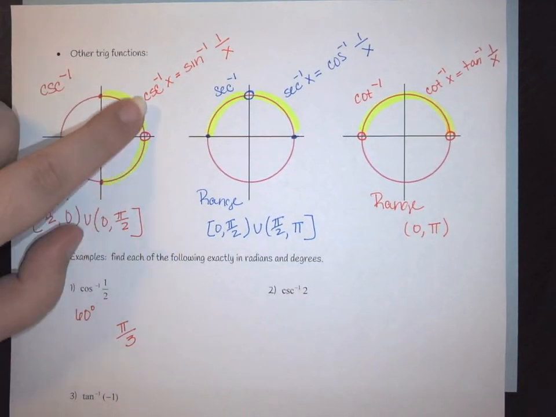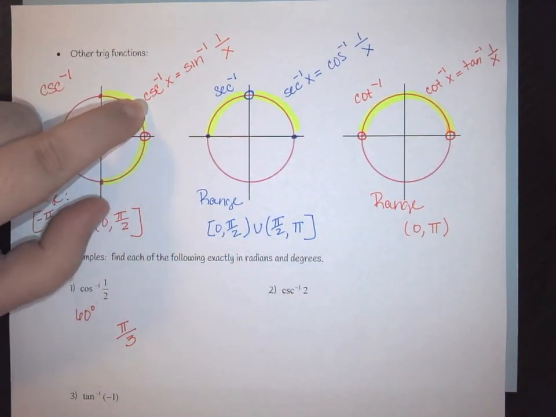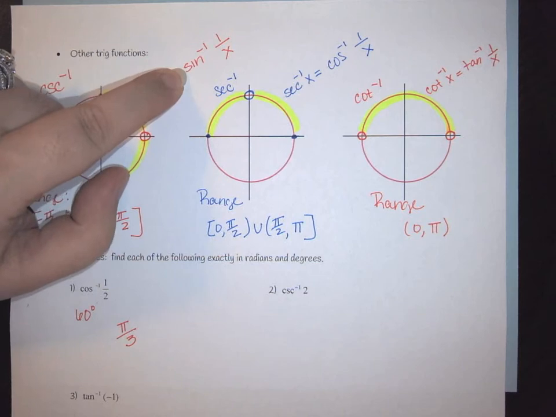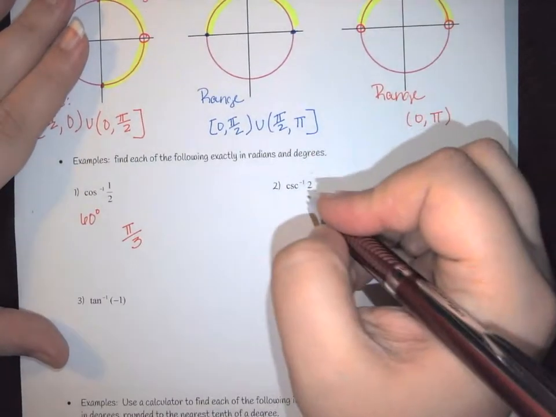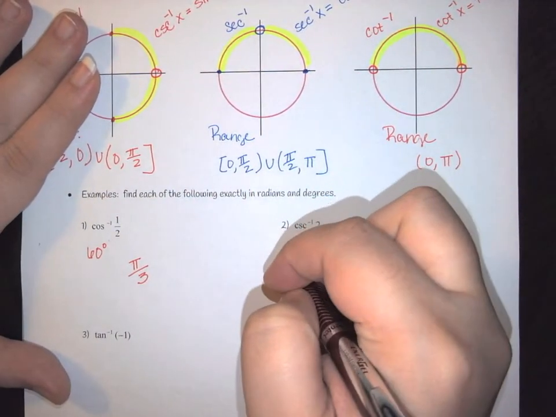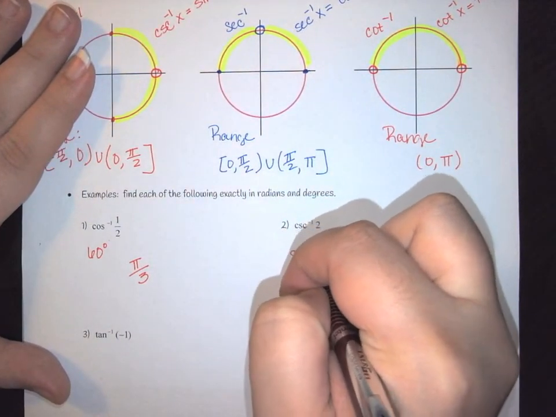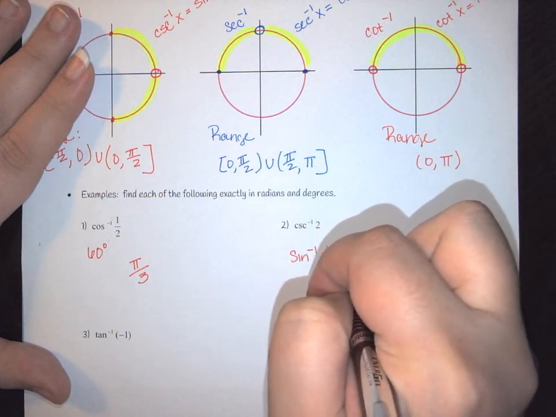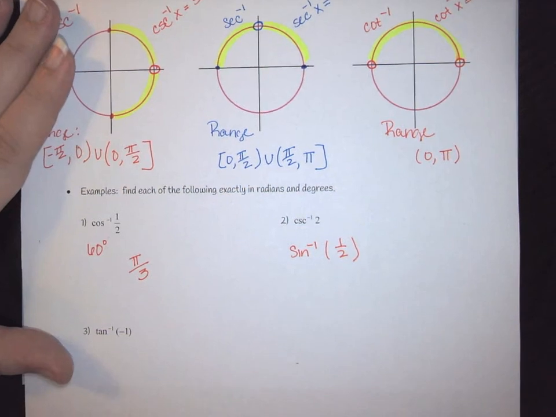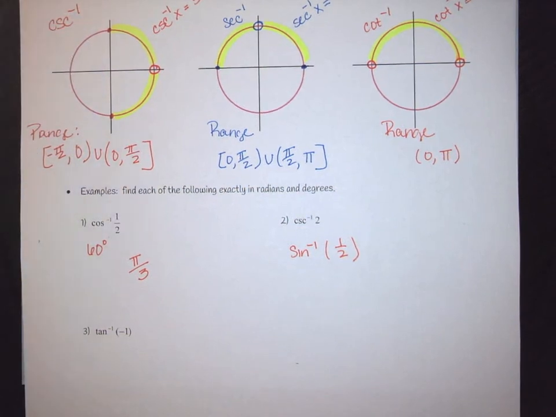Now remember, we also know that to find the cosecant of a value is the same as doing the inverse sine of 1 over that value. So here we would also be looking at doing the sine of -1 of 1 over 2. So this is what you would do in your calculator.